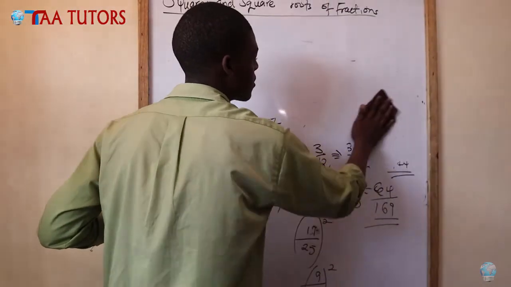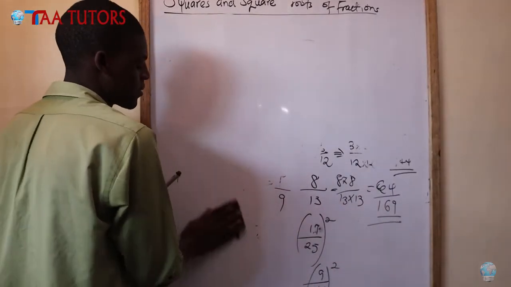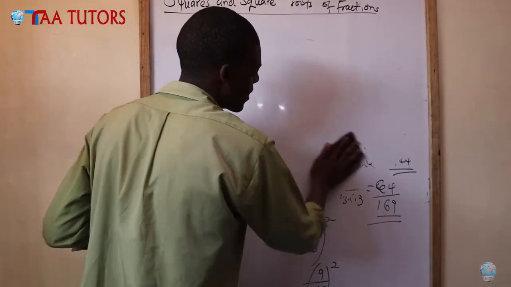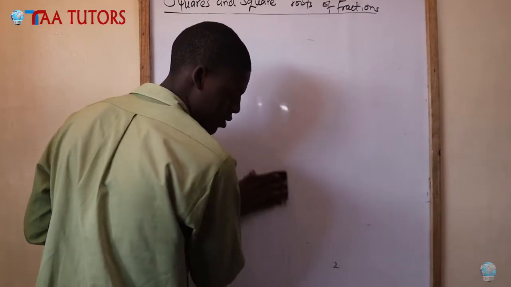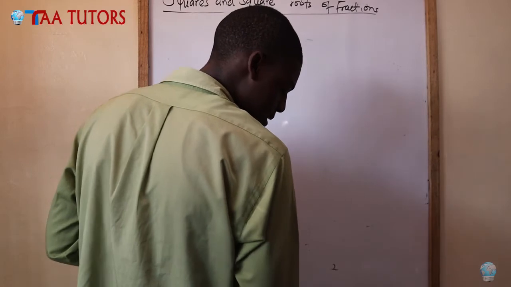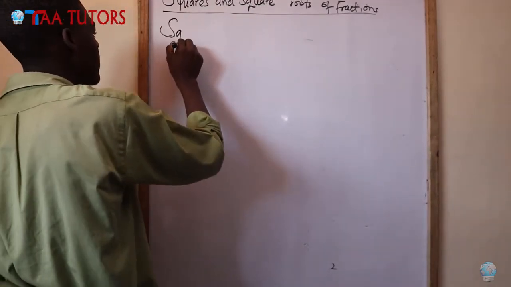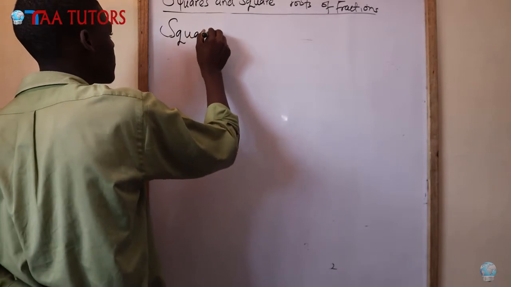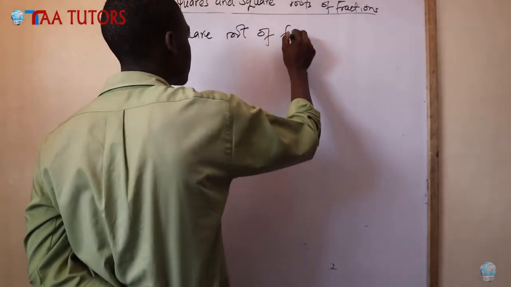Square roots of fractions. Just as we have done in squares, we will find the square root of the numerator and then the square root of the denominator separately. We are now dealing with the square root of fractions.